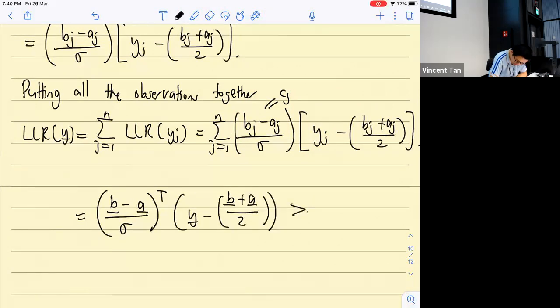And we are going to compare this to log eta. In this case we declare we transmitted 1, and in the other case we declare we transmitted 0. So this is nothing but bookkeeping and keeping things very carefully together.